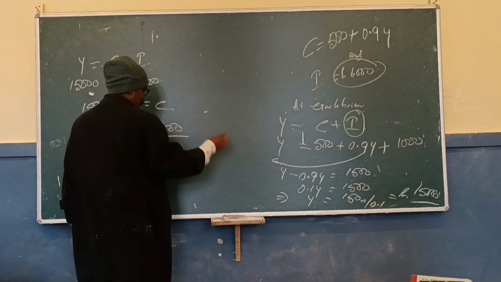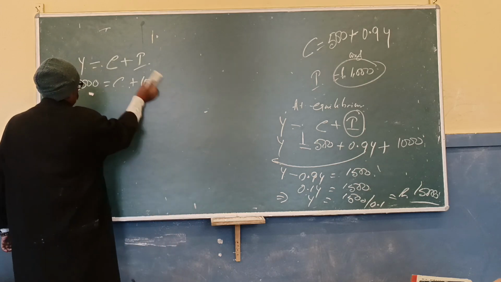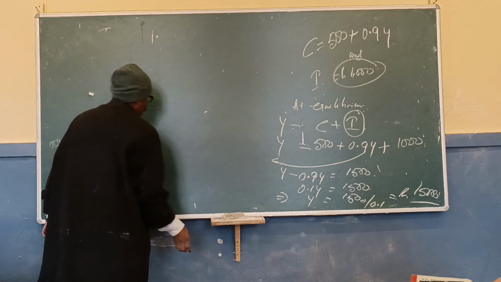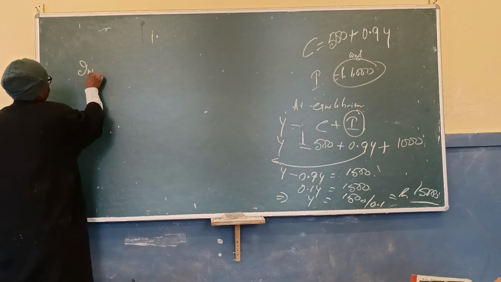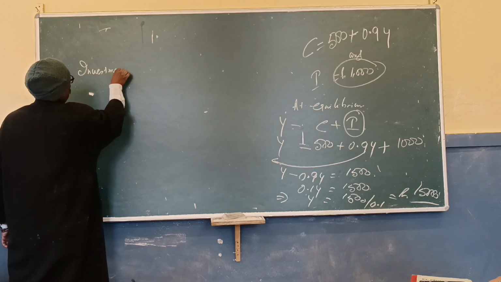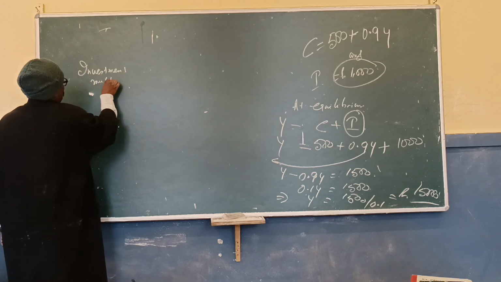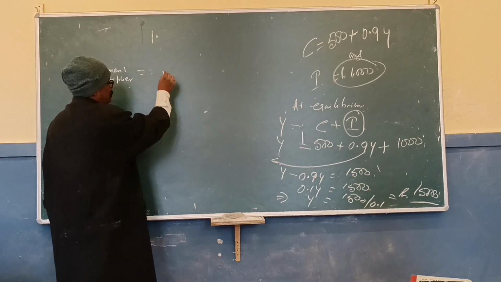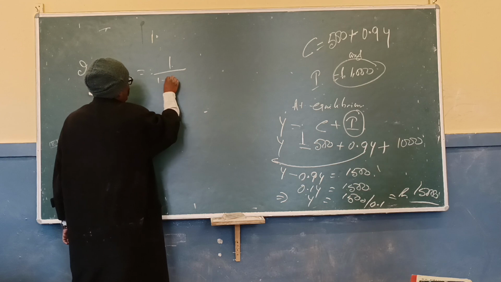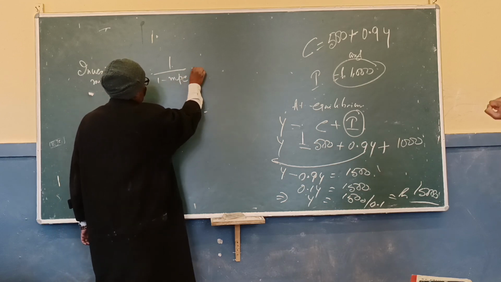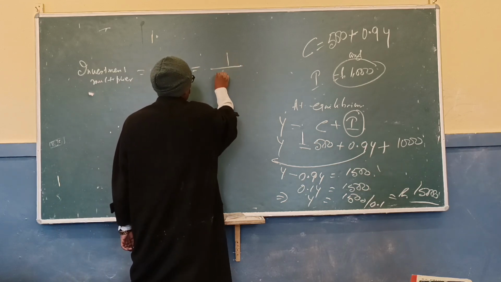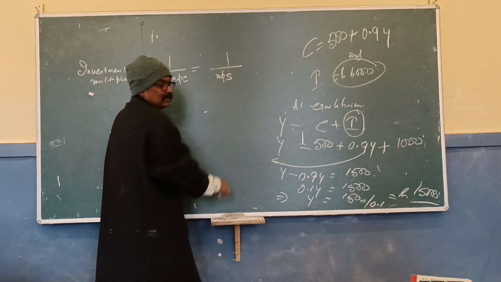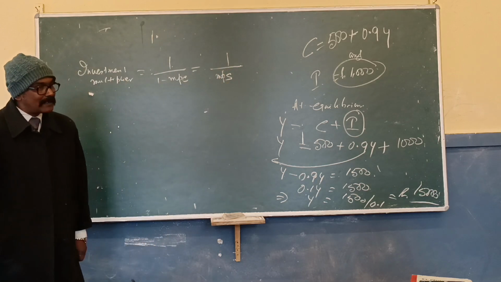So the investment multiplier. The formula is very easy. Investment multiplier is equal to, listen, 1 by 1 minus MPC, or this can also be written as 1 by MPS. This is the investment multiplier.